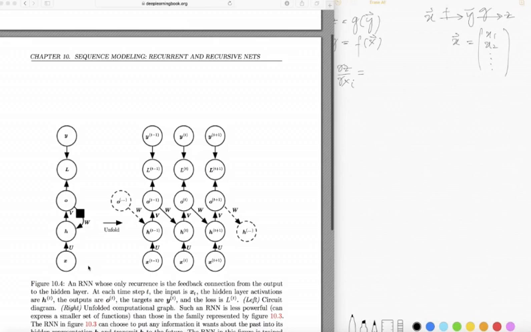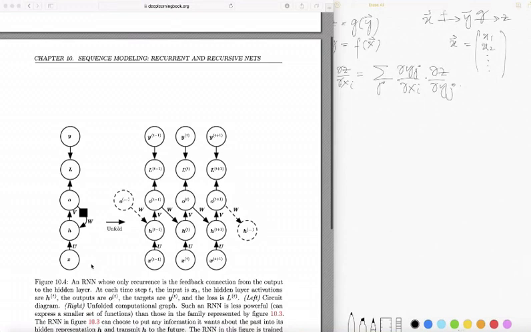This derivative is simply the sum over j of partial yj over partial xi, into partial z over partial yj. Right, so basically we have two hops between x and z. Every entry of y is dependent on every entry of x, because this function could be anything. And then all of the entries of y are mapped into z.